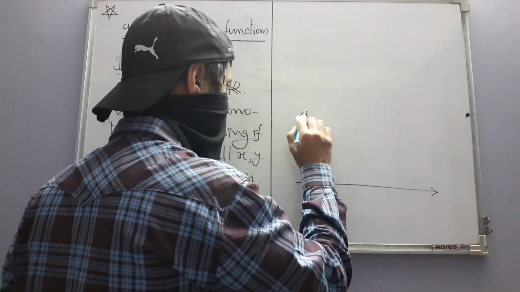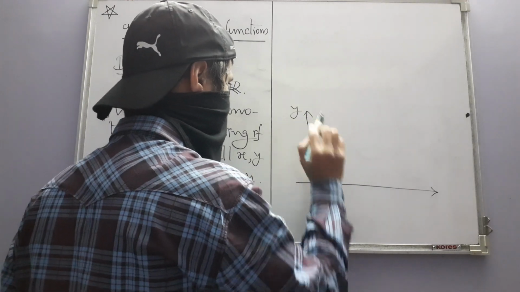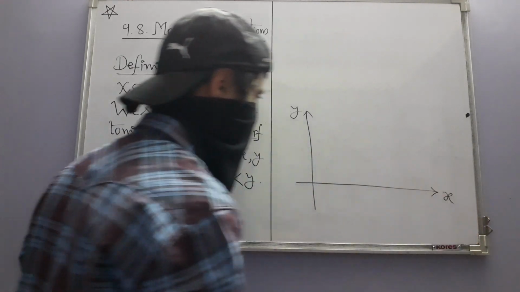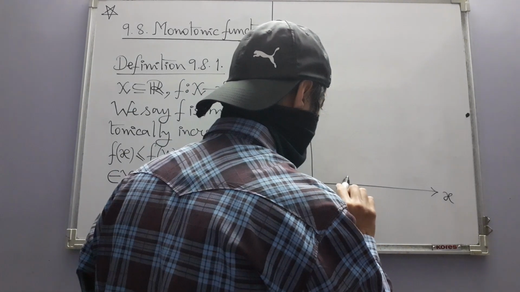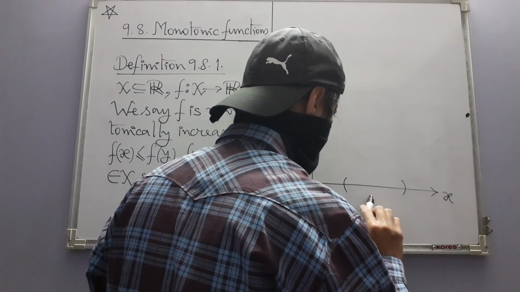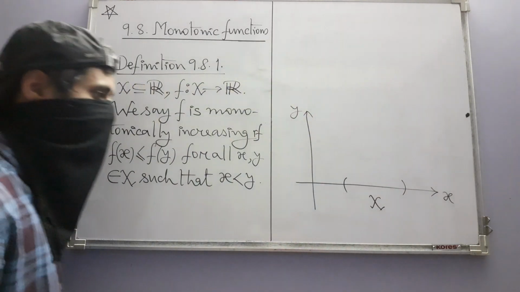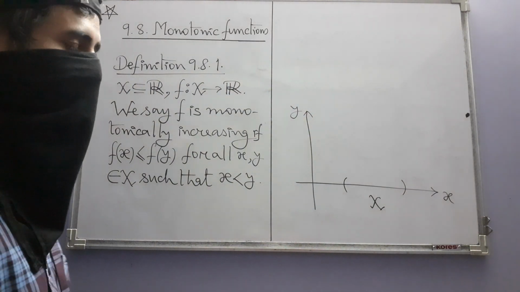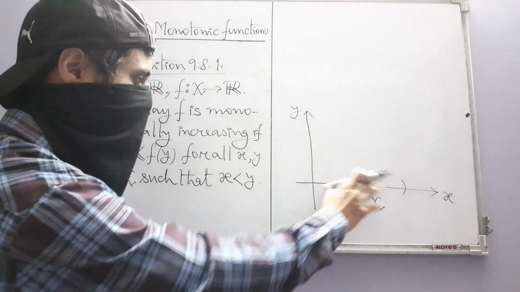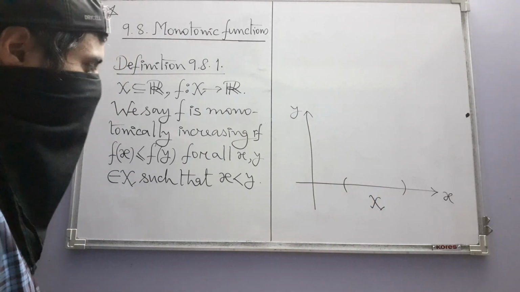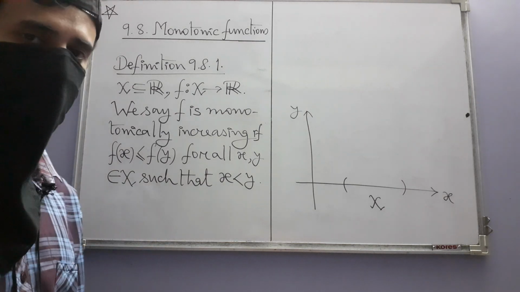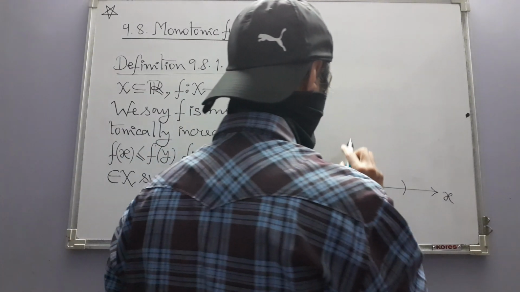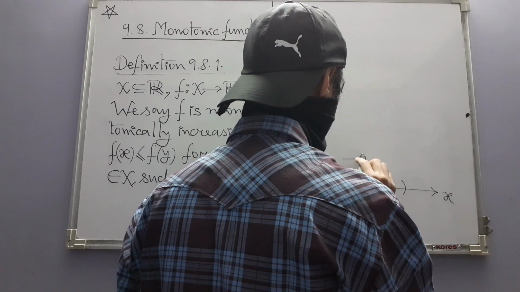If you think about the graph of the function f, for the sake of simplicity, say the domain x is some open interval lying here on the x-axis. Then the graph of such a function, a monotonically increasing function, will in general look like this.